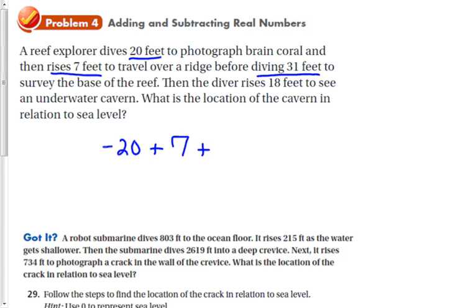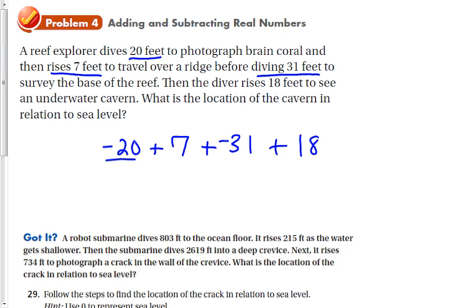That would be a negative, or we could just put a minus there. Diving is a minus, that works too. Minus 31 plus 18.